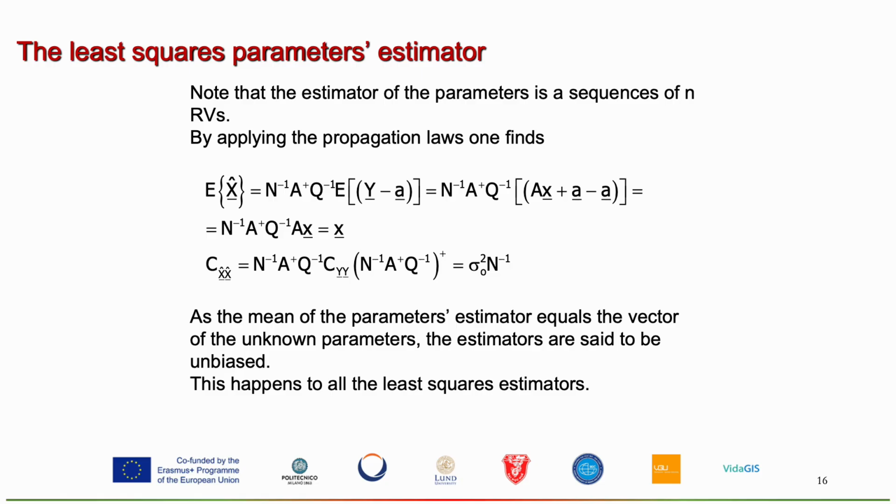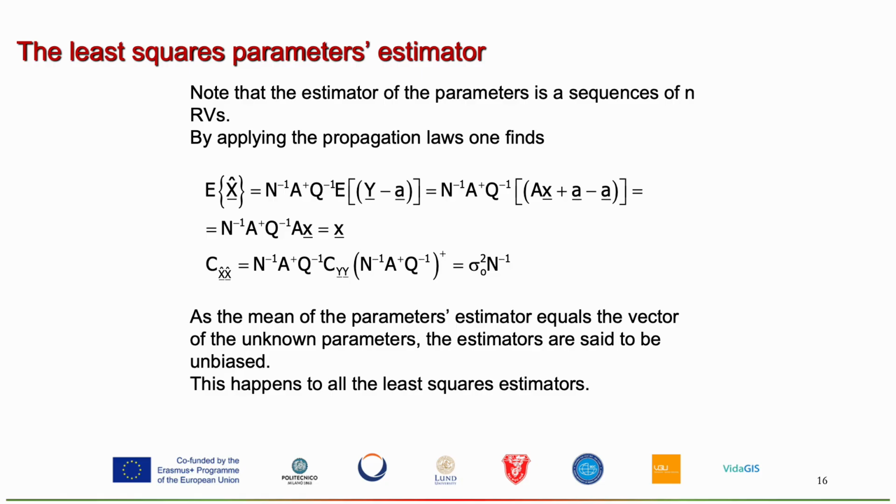For example, for capital X, the estimate of the unknowns, we can apply the propagation law. We can make some very easy computation that is summarized in this slide, and at the end we find that the covariance matrix of capital X estimated is simply given by the variance that multiplies the inverse of the normal matrix.